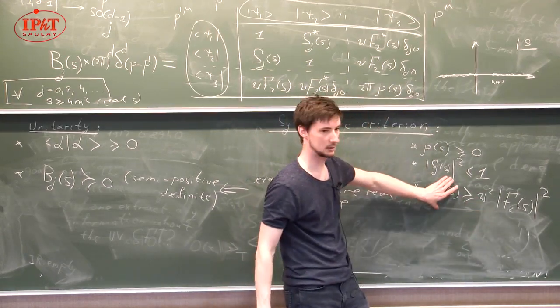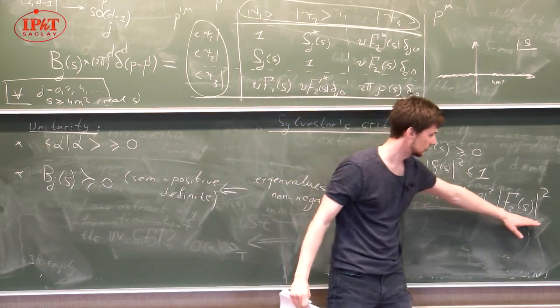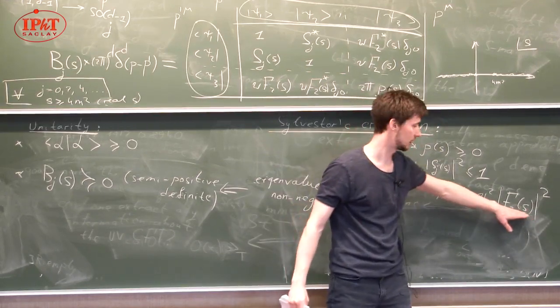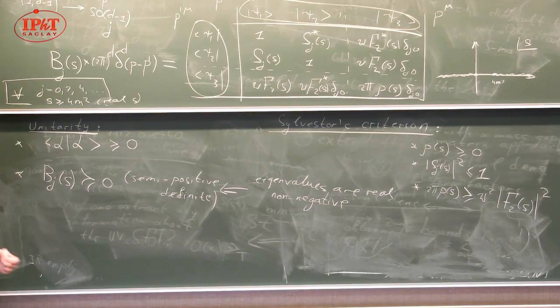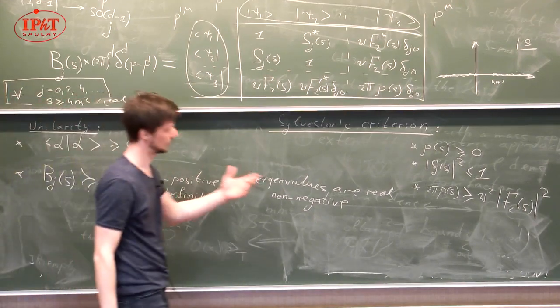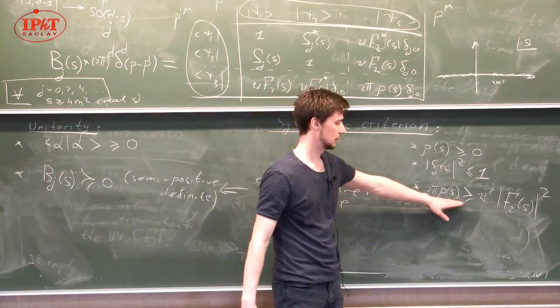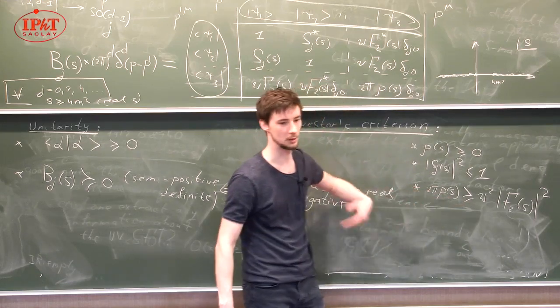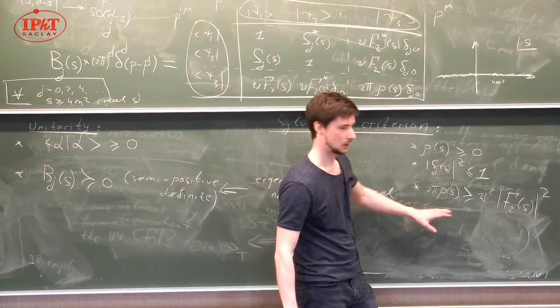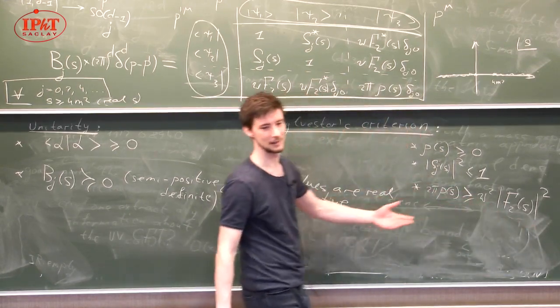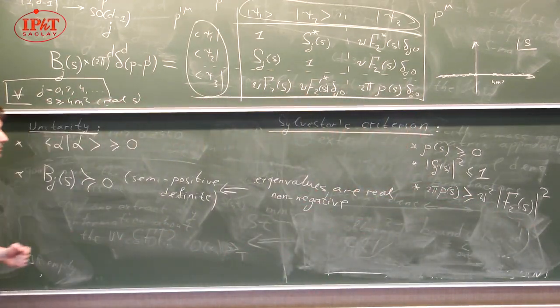So basically the spectral density should be greater than the absolute value of the form factor squared. This is also expected because the spectral density gets contributions from all the particles: 2 particle states, 3 particle states, etc. So it should be at least greater than the 2 particle contribution.